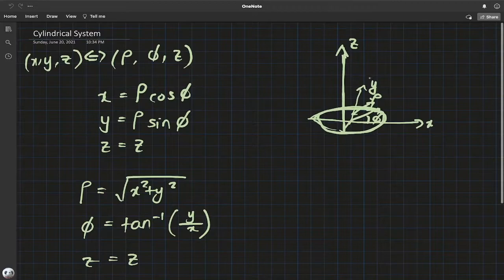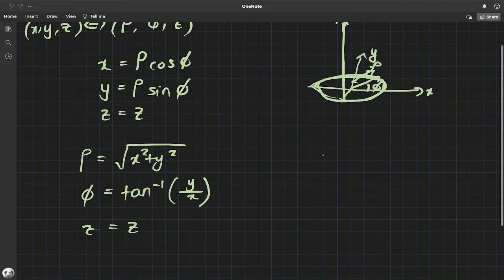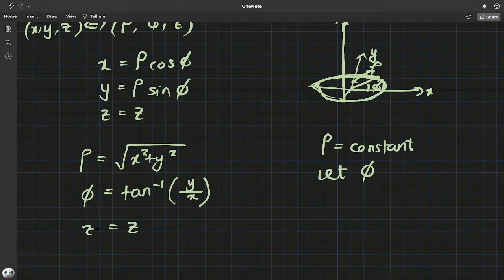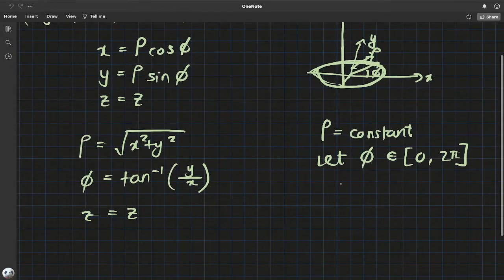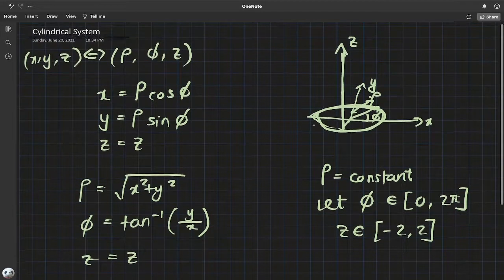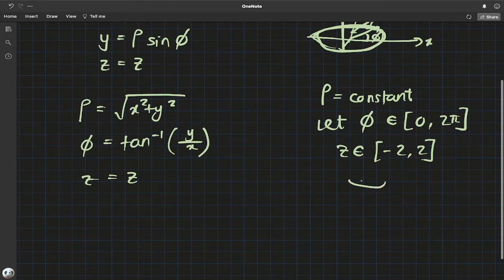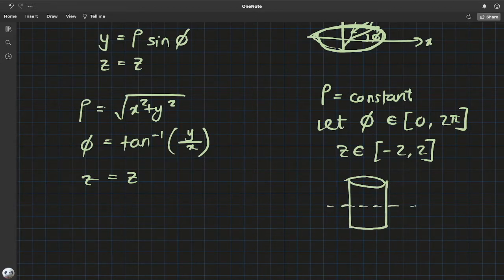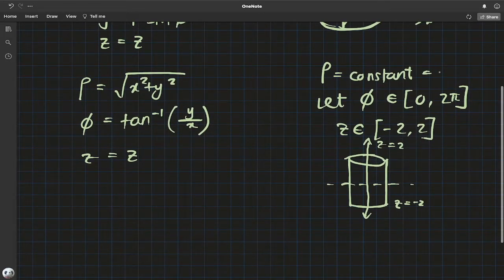You may notice that it's called cylindrical because if you say that your rho is a constant and you let phi rotate from 0 to 2 pi, and you clearly define some range for your z, say, I don't know, -2 to 2, this entire construction traces out a cylinder from z equal to -2 to z equal to 2, having a constant radius, call this k or something.